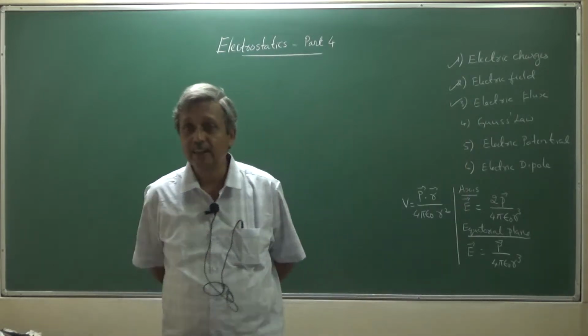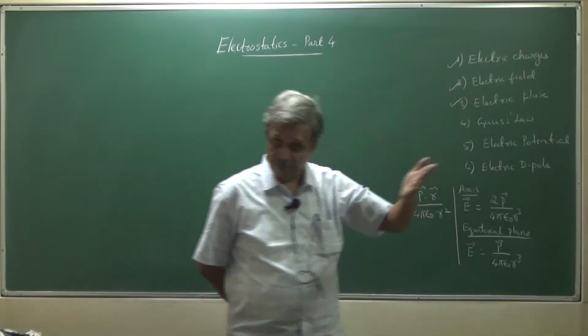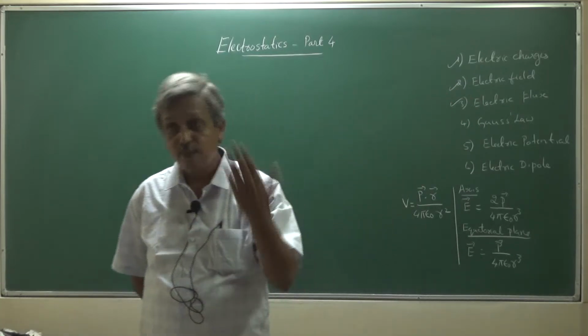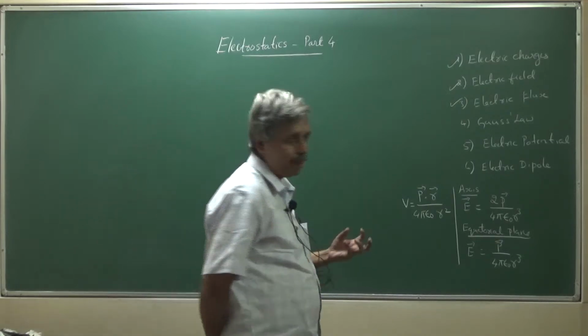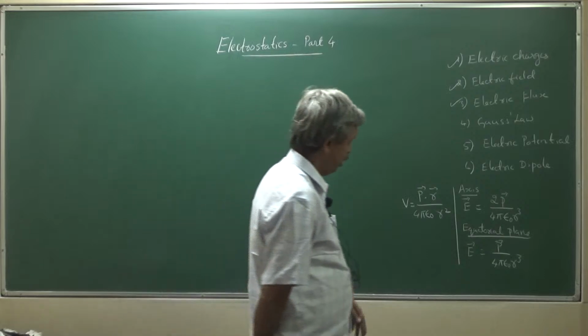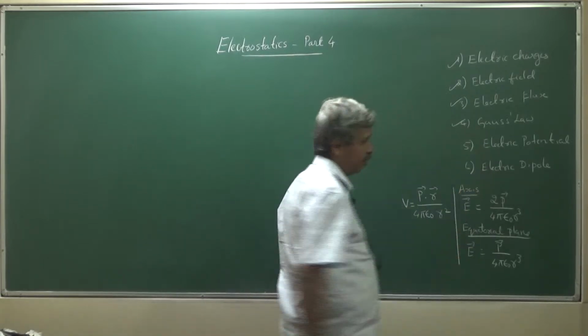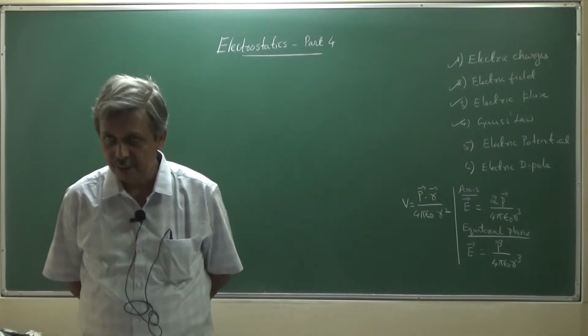And electric field is nothing but electric force based on Coulomb's law, per unit charge. So how to think about electric field and electric flux, those are the things we covered. Then we covered a very interesting and most important law called Gauss law. Then we went into some applications of that.